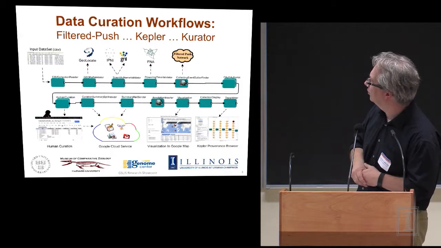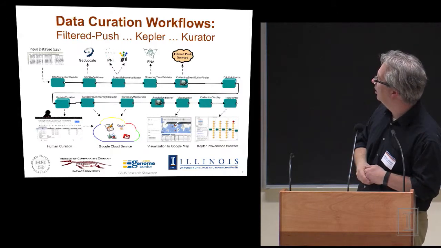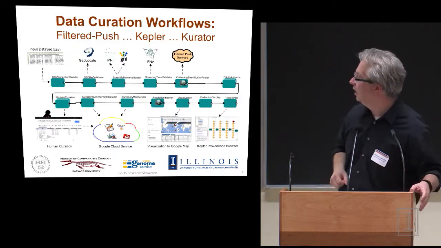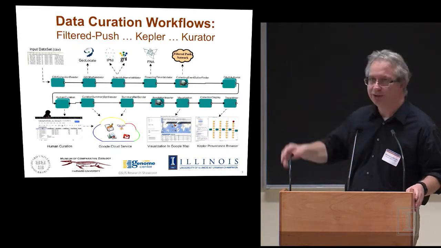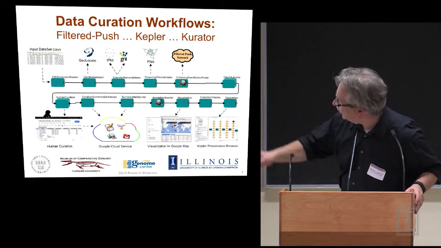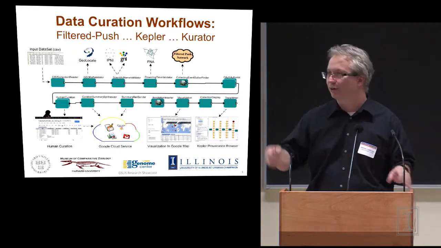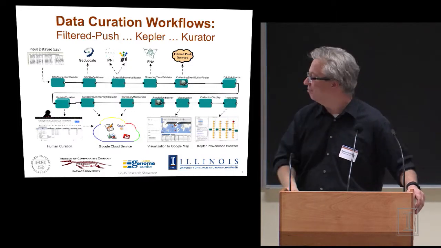Flowering times of North America, so phenology data. There's this filtered push network, the community of experts themselves that we want to bring in. And then you see our slightly dystopian future here. There's a person on the left, human curation. He feels literally like the cog in the wheel, the cog in the system.